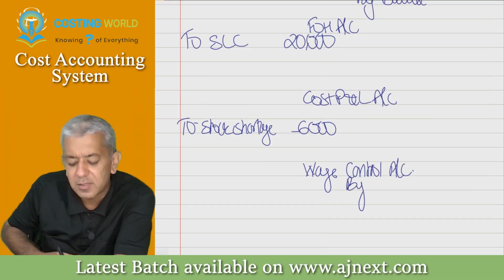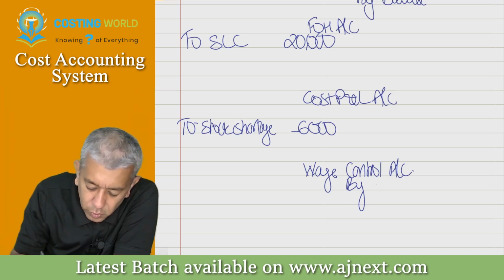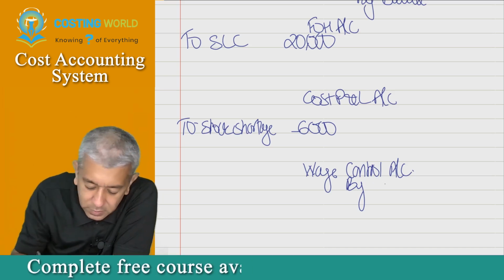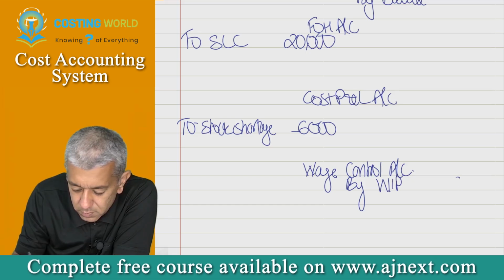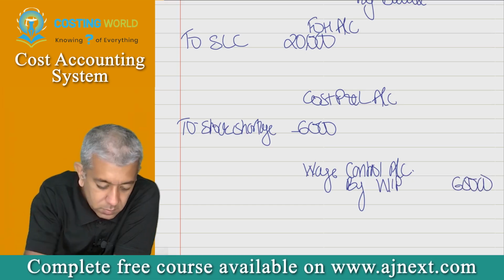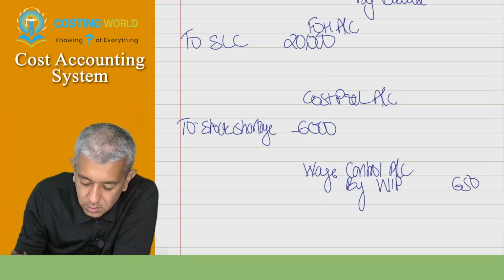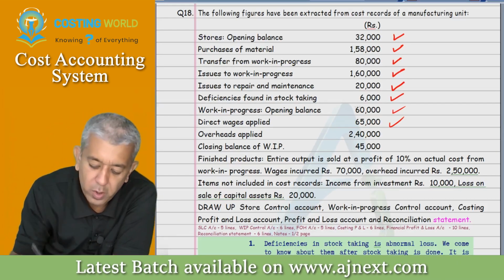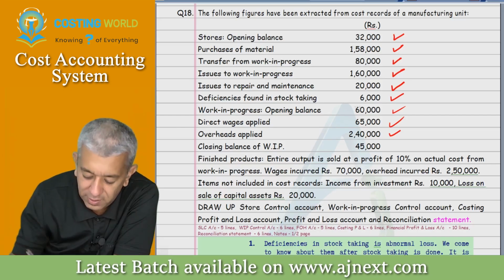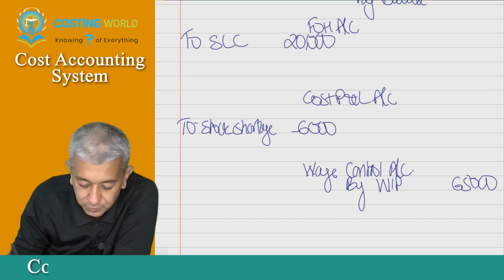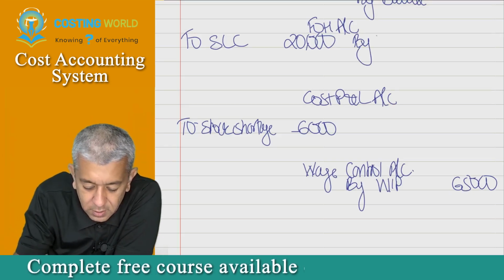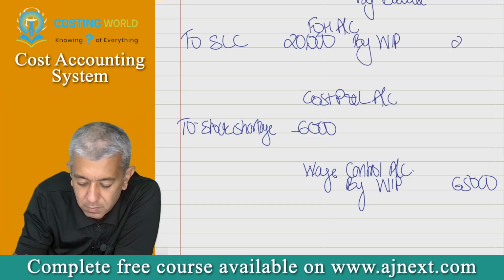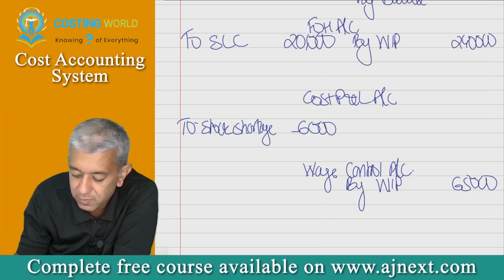It's not part of the answer actually. So, by WIP 65,000. Overheads applied 2,40,000. Credit side, by WIP 2,40,000.